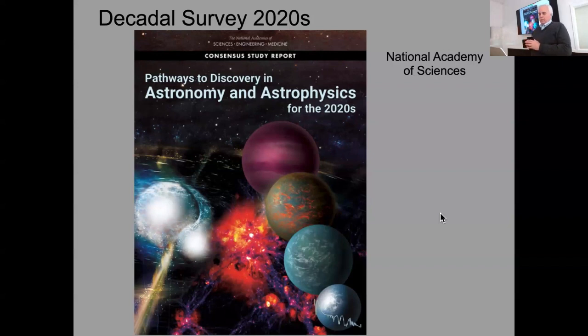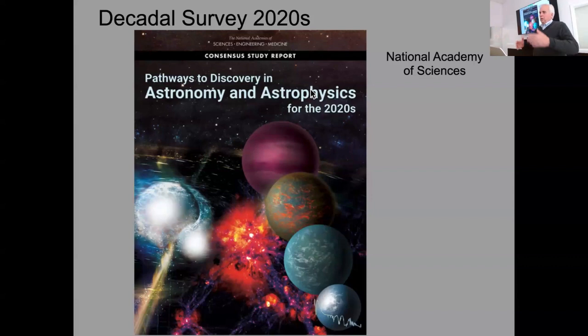Hundreds of astronomers contribute through discussions, debates, and votes, and we come up with a report sponsored by the National Academy of Sciences about what we should do. It has lots of things in it, but one is the signature big project, which for the 2022 report was the HWO, the Habitable Worlds Observatory. That was the major project, but there are lots of other projects.